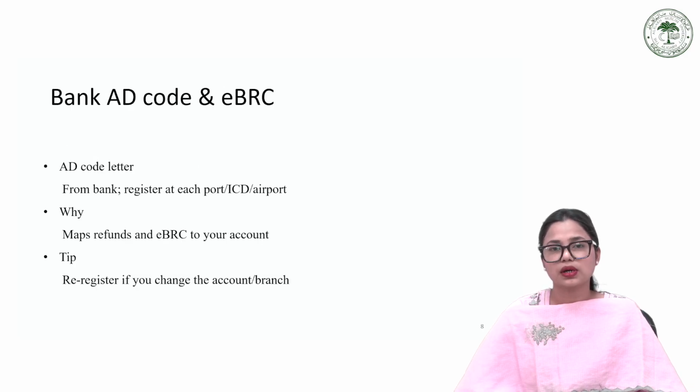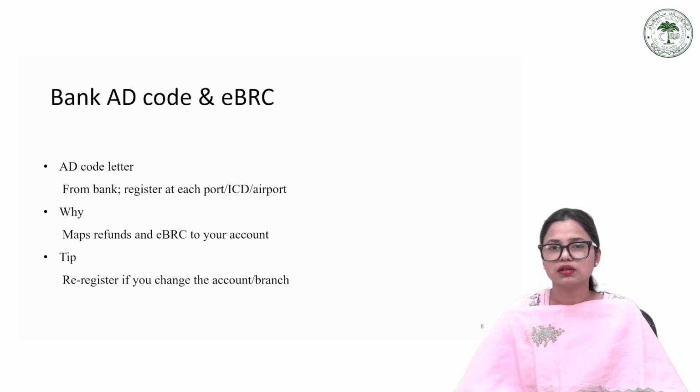Now let us look closely at what bank AD code and eBRC holds. So AD code letter is being given from the bank and it is an authorized dealer code as mentioned before. So at each port that you are going to ship your consignment from, you need to register with your AD code.